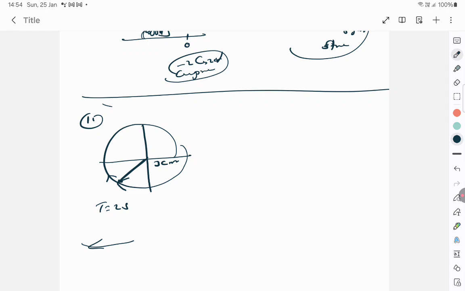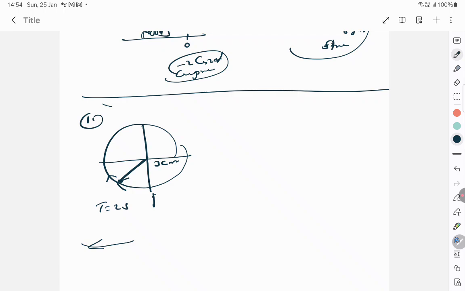I really want to understand the diagram, because I need to find the initial phase and everything. For circular motion, they asked for the initial position.